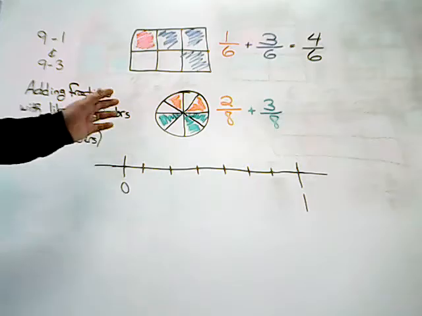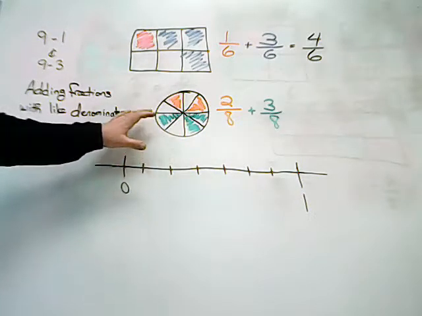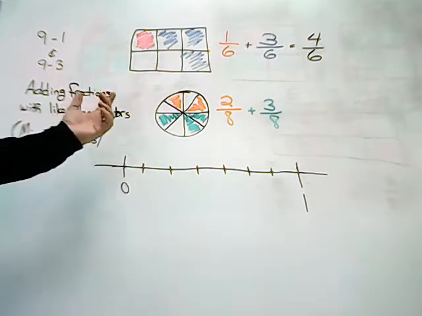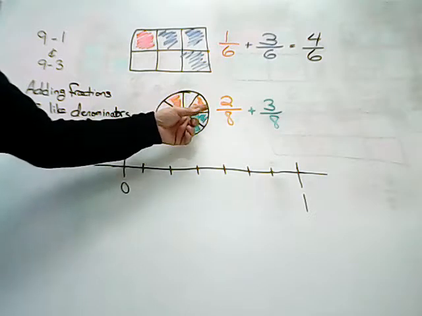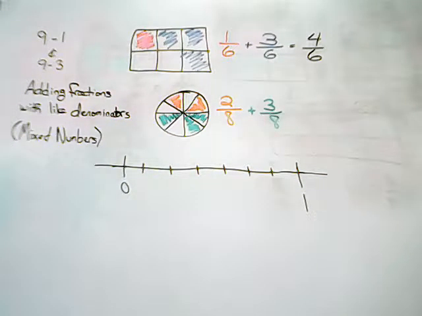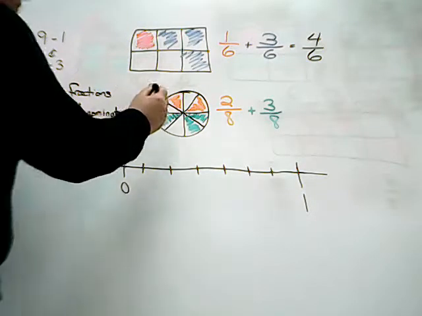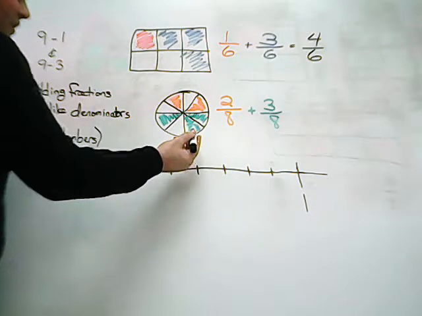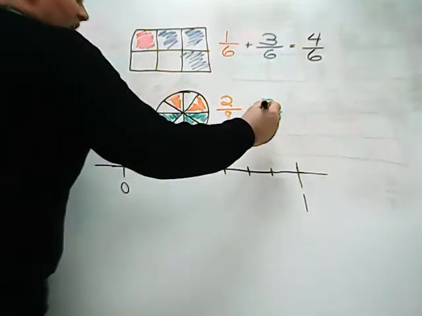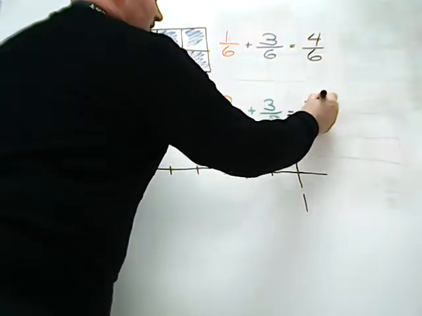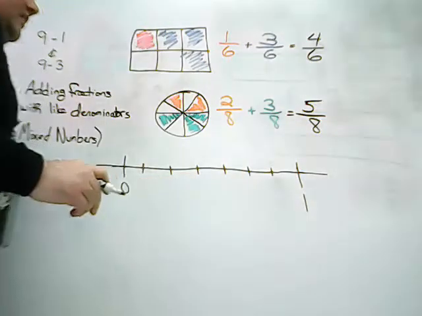So I started with the whole pizza. The shading represents how much I've eaten. So I ate 2/8 plus another 3/8. How much pizza have I eaten? Well, I've eaten a total of 1, 2, 3, 4, 5. I've eaten a total of 5/8 of the pizza.